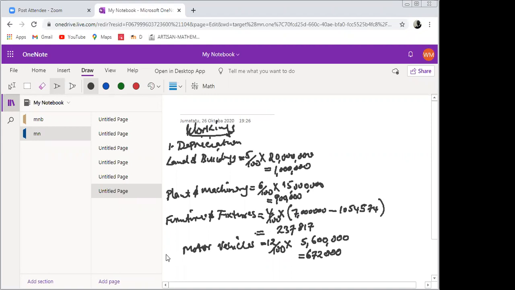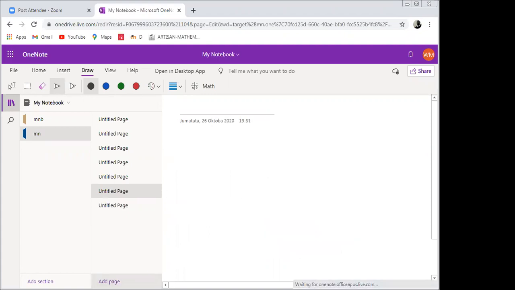Then additional information number 2 talks about prepayments, and we know prepayments we normally add. The first one is the prepayment of insurance. This is working number 2. First of all, you get the figure for the insurance from the trial balance. Do we have the figure for the insurance?